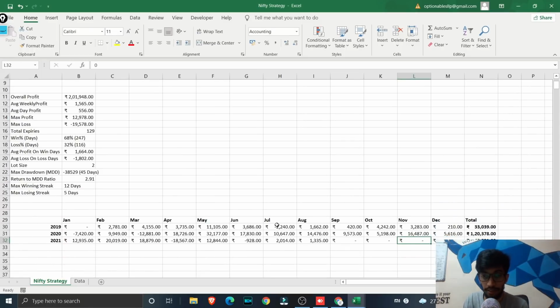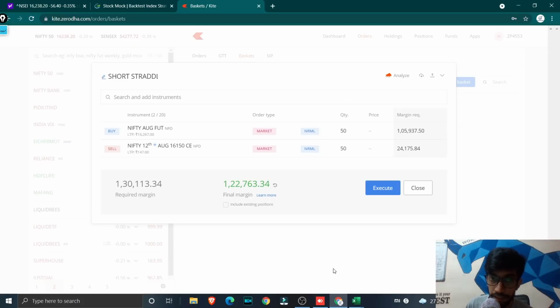So now what I'm going to suggest you is, first we are going to check the margin required for this, and then I'm going to suggest what would be the ideal capital you need to have to execute this strategy. So when you come to this, you can see that we have added Nifty future buy one lot NRML and Nifty 16,150 CE short. So why 16,150 CE short?